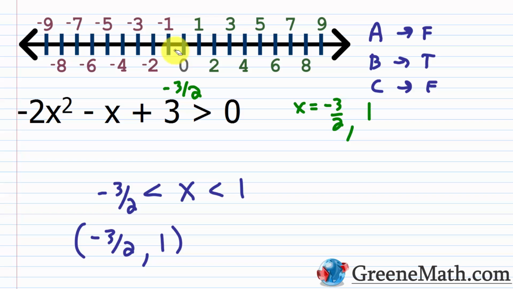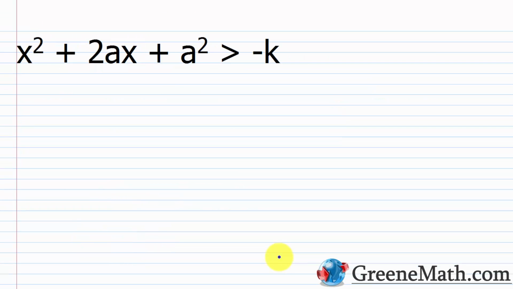I'm going to keep my notch there for negative 3/2. I'll put a parenthesis at negative 3/2 and a parenthesis at positive 1, and then shade everything in between. So this is my graphical solution, this is my interval notation, and again, x is greater than -3/2 and less than 1. So pretty easy overall to solve a quadratic inequality.